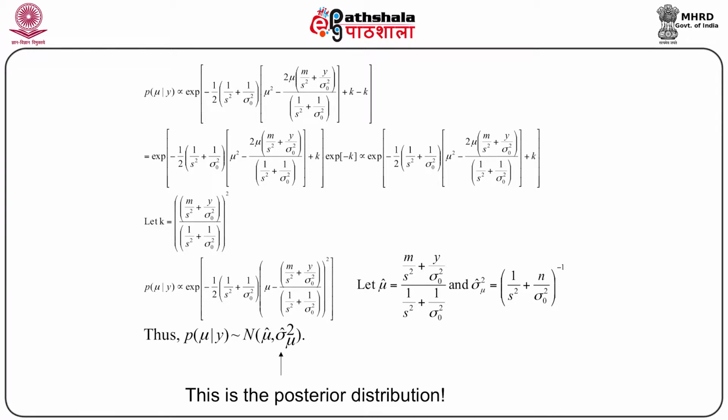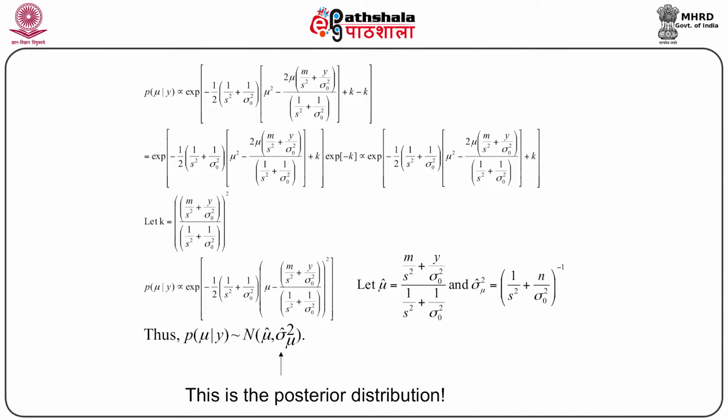And then after simplification we get that the posterior distribution of mu given y is proportional to the exponential of that term, and you get the final expression in the slide. To achieve that, we multiply throughout by sigma 0 square s square, then multiply and divide by s to the power minus 2 plus sigma 0 to the power minus 2, and take the inverse of the whole thing.